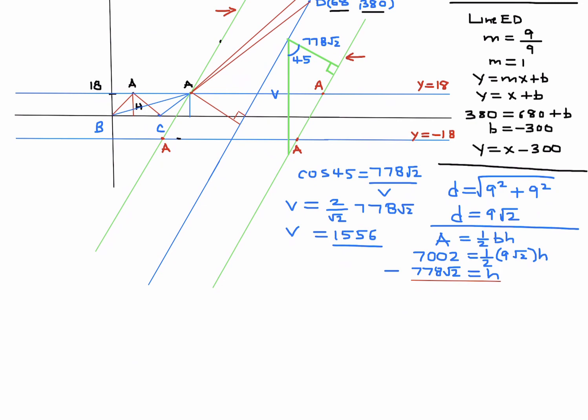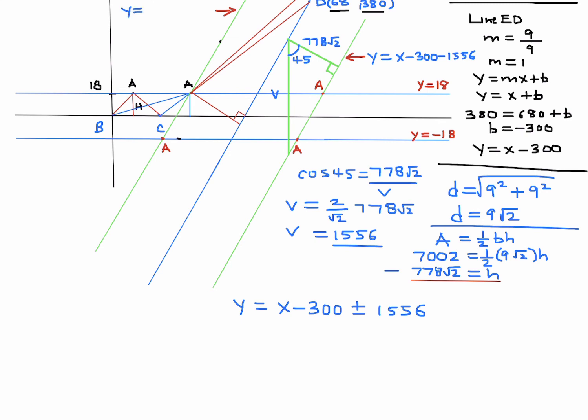So that means those two lines have the equation as follows. Their equations will be a modification of ED, which is this equation, by 1,556 plus or minus. All right? So this one is y is equal to x minus 300 minus 1,556.